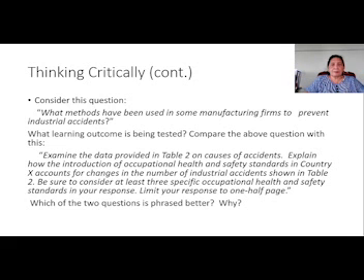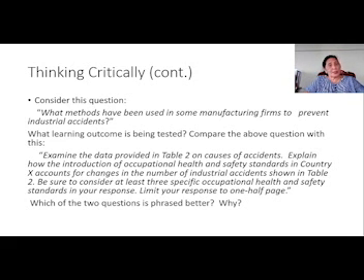And then you ask them to consider at least 3 specific occupational health and safety standards in their response. And you also ask them to limit their response to half a page. So it's very, very specific what you want them to do.